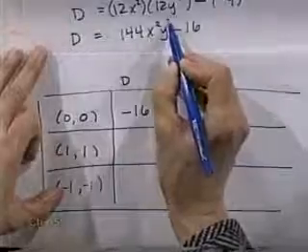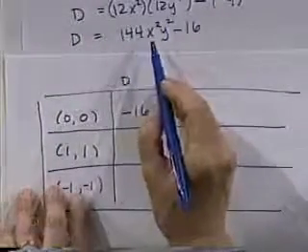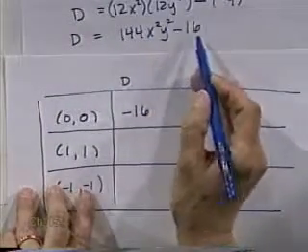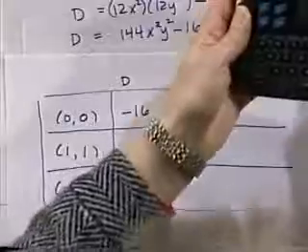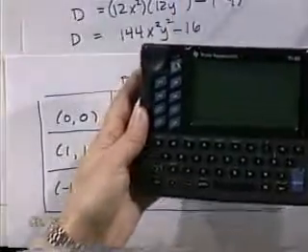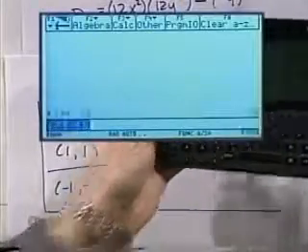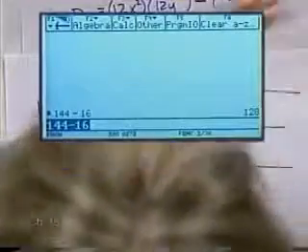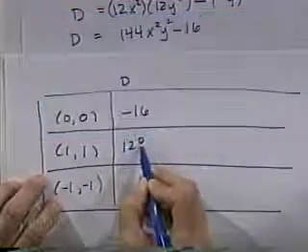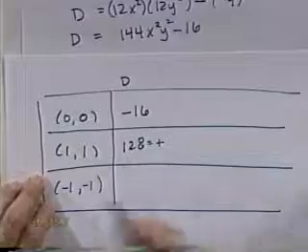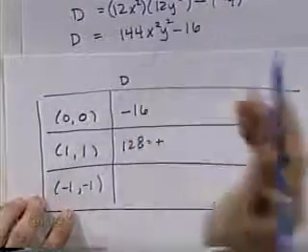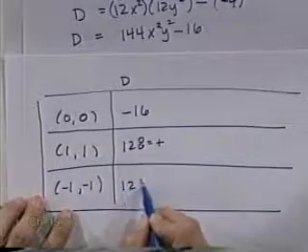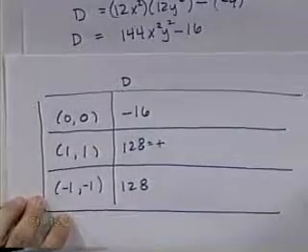Oh, this is y squared, by the way. 144, 1 times 1 is 144 minus 16. I know it's positive and that's all I care about, but 144 minus 16 is 128, which is positive. And plugging in a negative 1 again, we're getting 144 times 1 minus 16, which gives us 128.